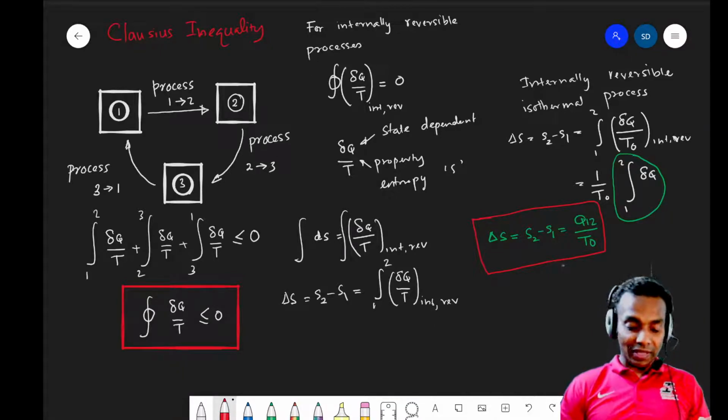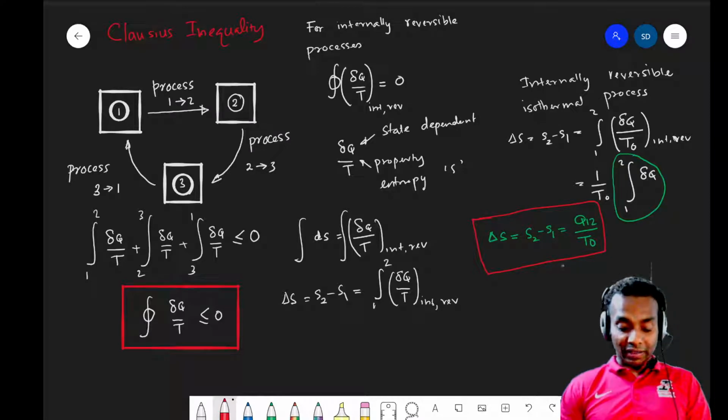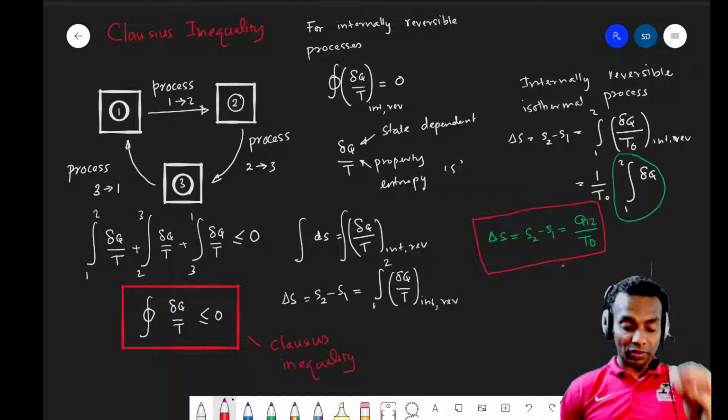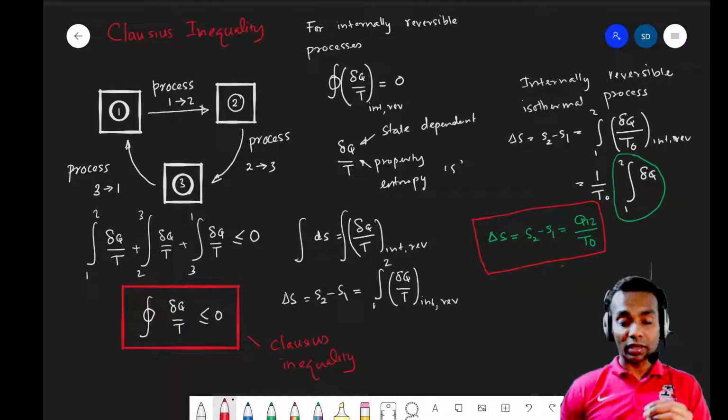So today in this video we learned that for thermodynamic cycles, there's a quantity delta Q over T whose cyclic integration is less than or equal to 0, which is known as the Clausius inequality. The Clausius inequality becomes 0, or holds with equality, when all the processes are internally reversible.